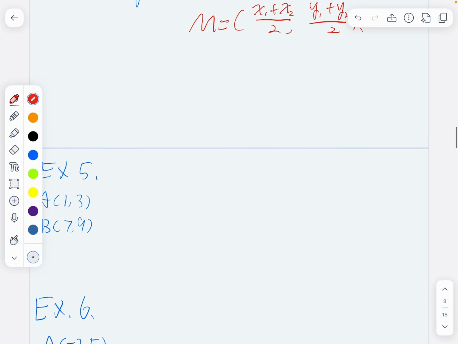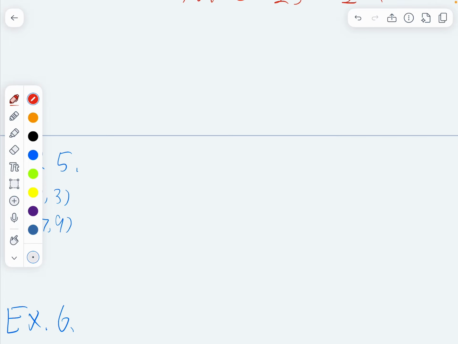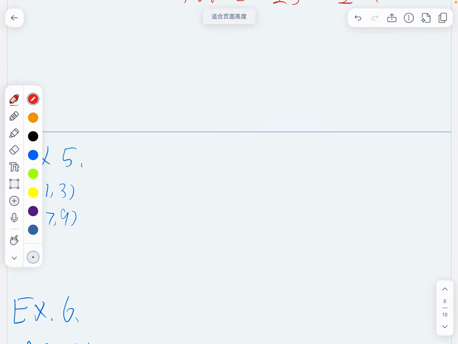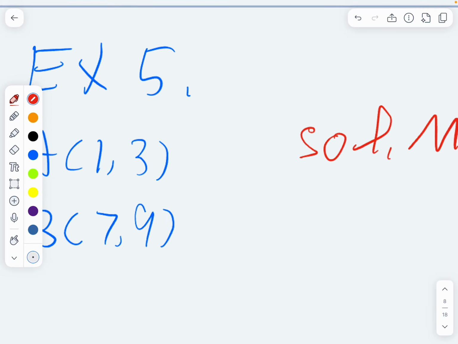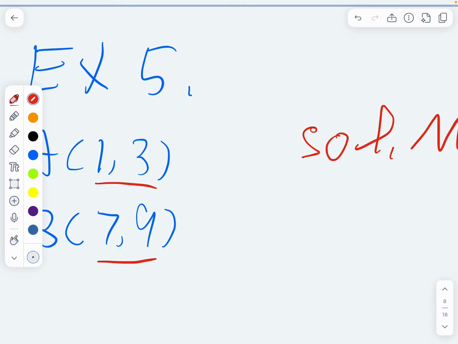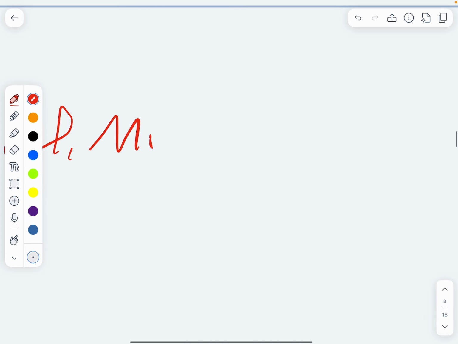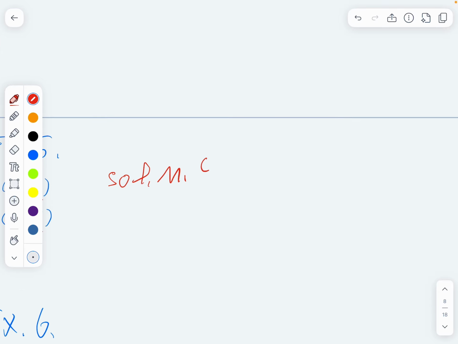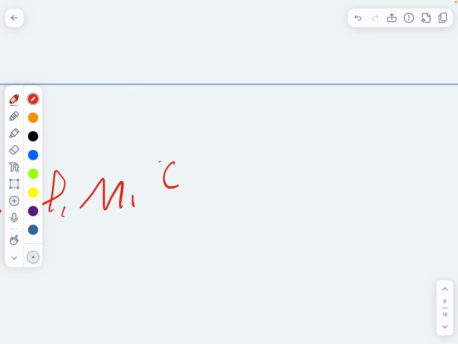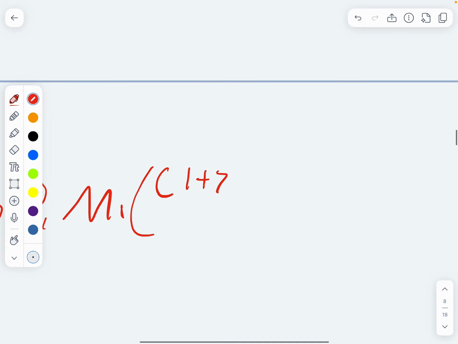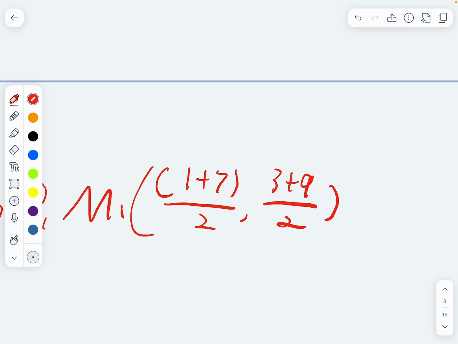Okay, now it's example 5. Solve for M, where A is (1, 3) and B is (7, 9). We just put them together. For M, it is (1 plus 7) over 2 and (3 plus 9) over 2.